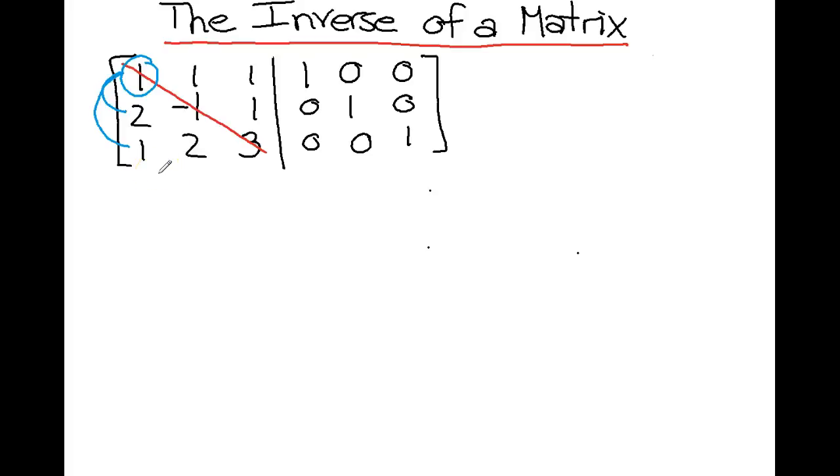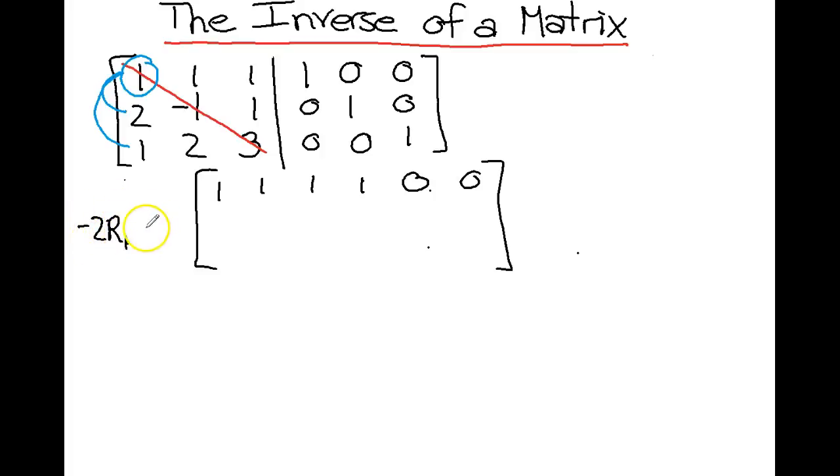How am I going to do that? Well, I'm going to keep row 1 the same. For row 2, I'm going to multiply row 1 by -2 and then add it to row 2.